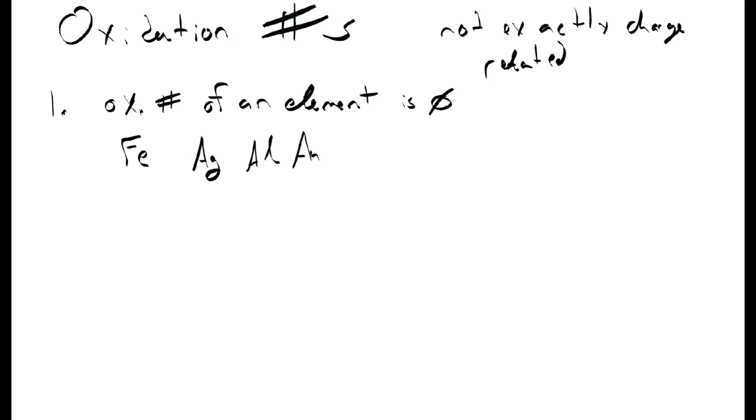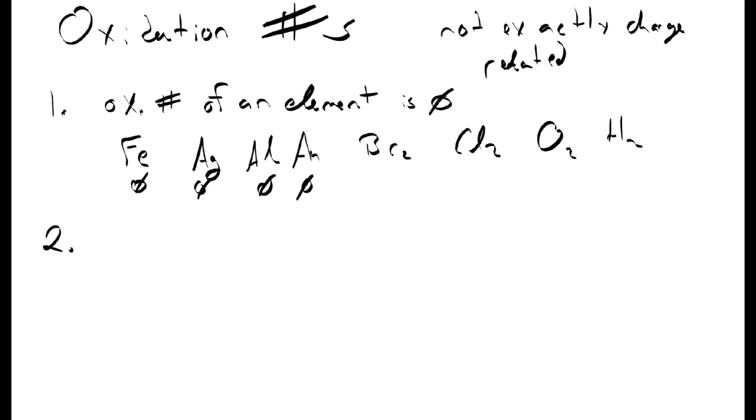But don't forget bromine. Okay, so elemental bromine, Br2, also has an oxidation number of 0. Chlorine, oxygen, hydrogen, and so on. Okay, all these have oxidation numbers of 0. They have a neutral charge.